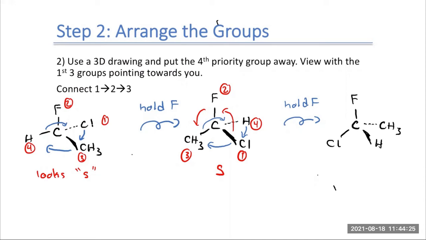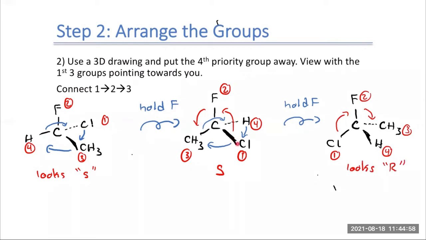So now if we look at the priorities, I have 1, 2, 3, 4. So in this case, our fourth priority is coming forward. And when we connect them, 1, 2, 3, it actually starts to go in the opposite direction. So it looks like it's R when it's really not.